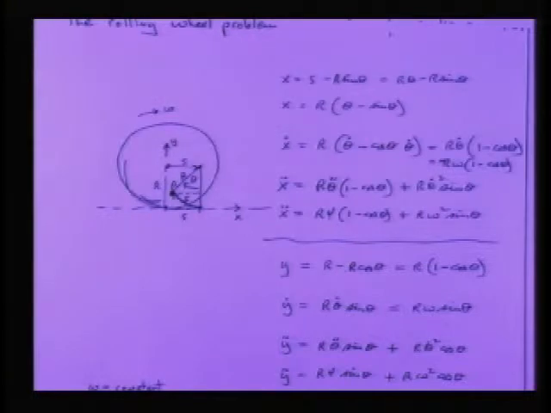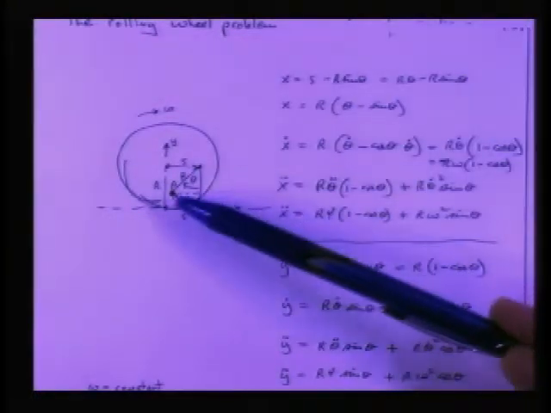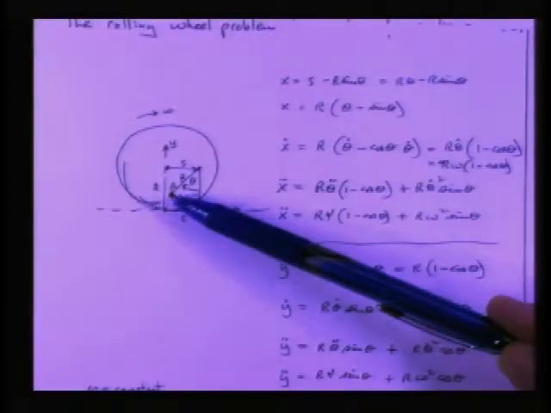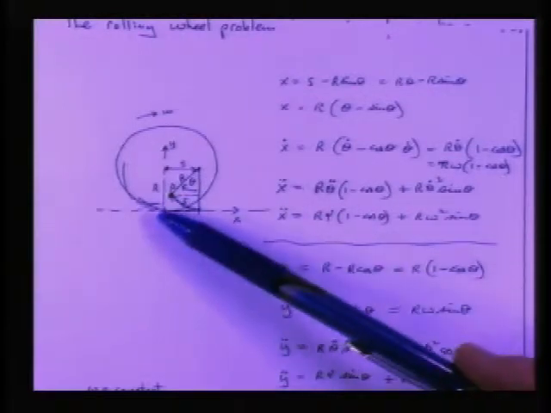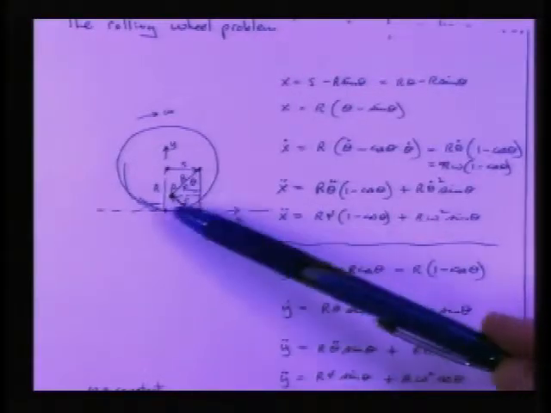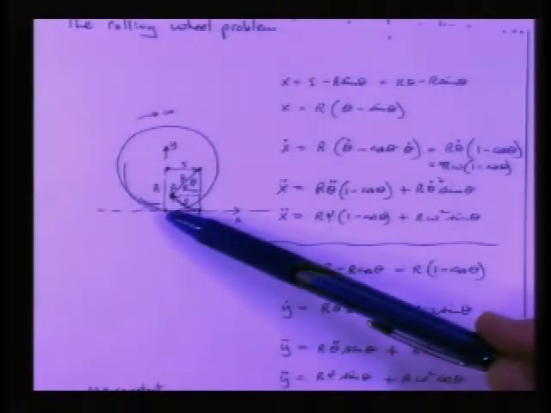So what you can notice here is the description for X. Here's the point P that we're trying to monitor, right where my pen is pointing. From this defined origin at the ground, where the wheel is touching the ground, if the wheel is rolled forward, then it's lifted this point up.